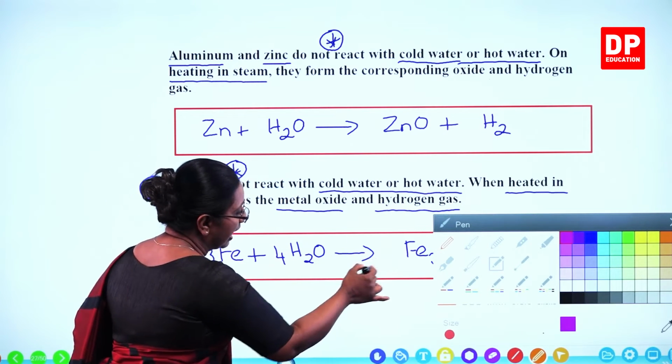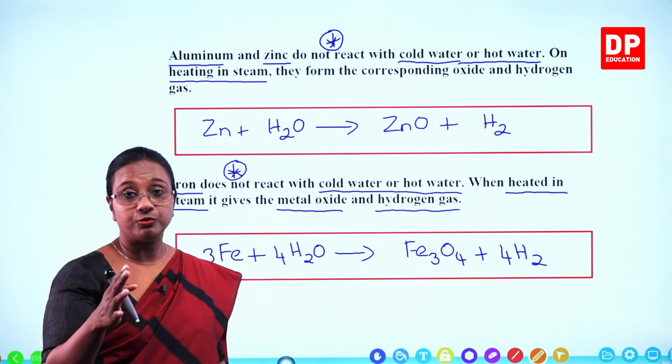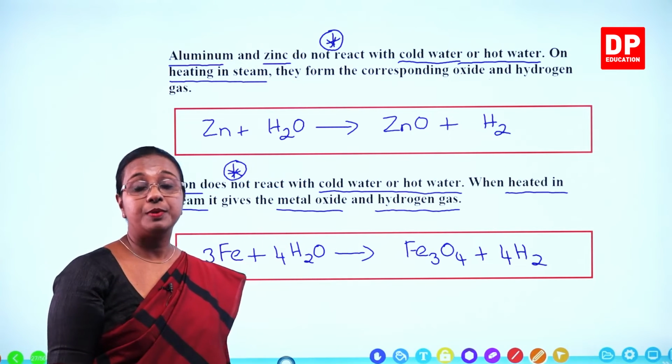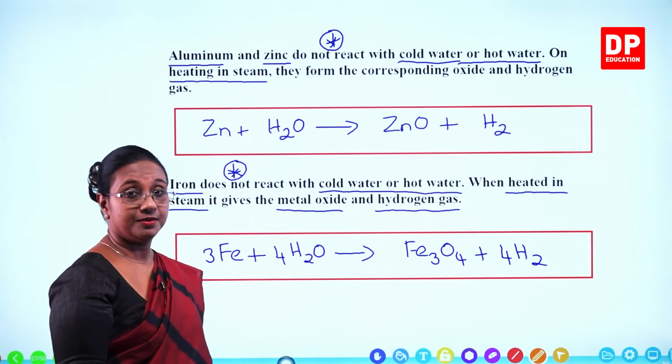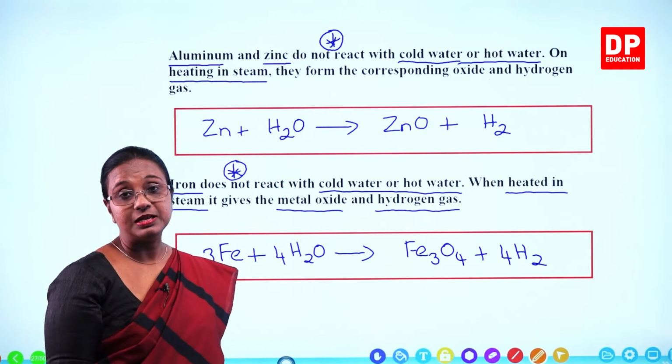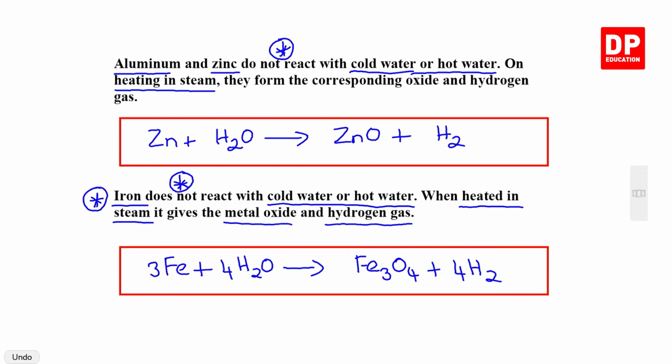Here I have put the forward arrow to show that the reaction takes place from reactants to products. But in real, this reaction occurs as a reversible reaction. So instead of using this arrow, what we do is we use an arrow like that.